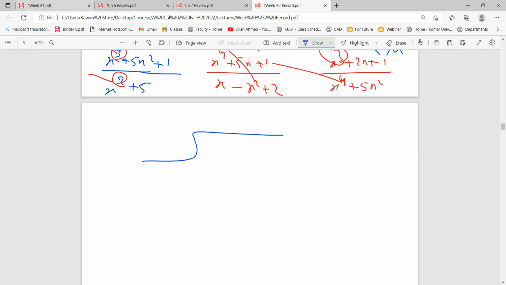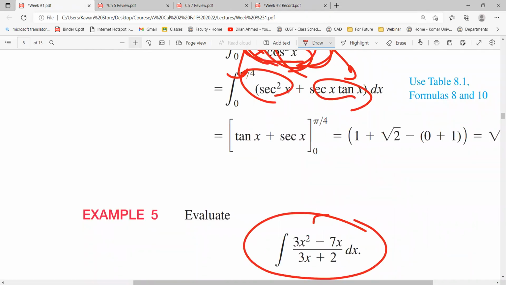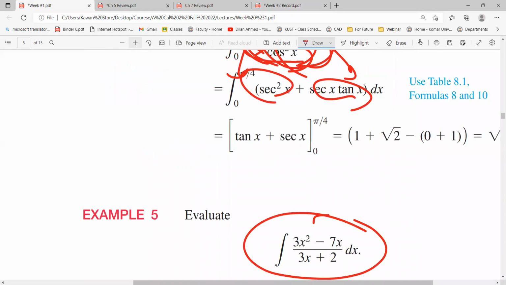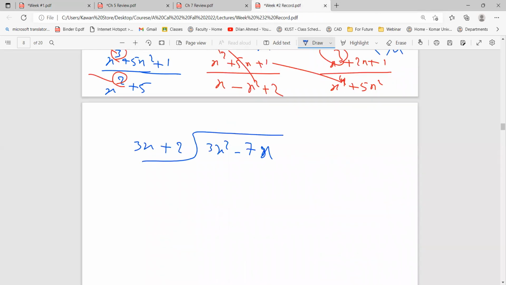We have 3x squared minus 7x over 3x plus 2. And now it's time to use long division. Learn how to use it.